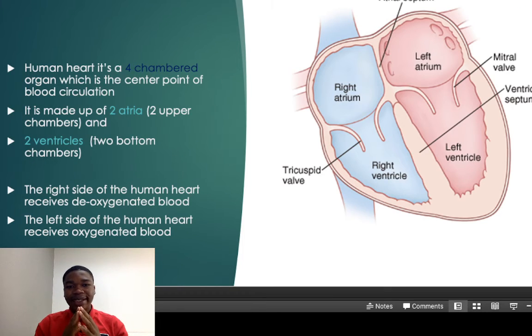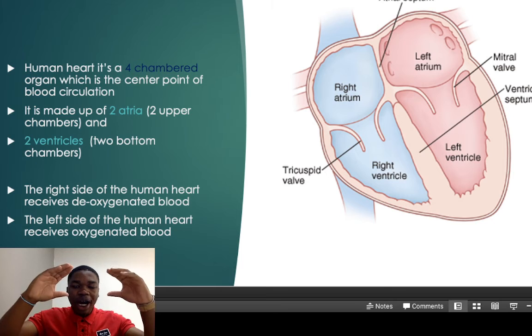So let's look at the structure of the human heart. The human heart is a four-chambered organ, which is the center point of blood circulation. So I can say it's an organ which facilitates the movement of blood. It is made up of four chambers.